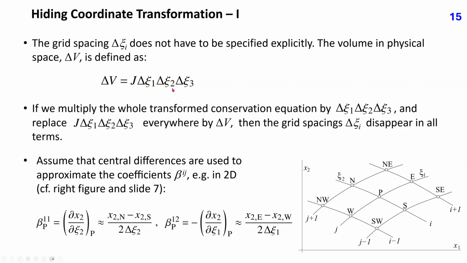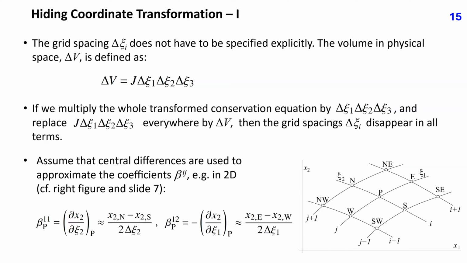If we multiply the whole transformed conservation equation by the product of grid spacings delta psi 1, delta psi 2, delta psi 3, and replace the product of these with the Jacobian everywhere by delta V, the volume of an imaginary cell, then the grid spacings delta psi I disappear in all terms.